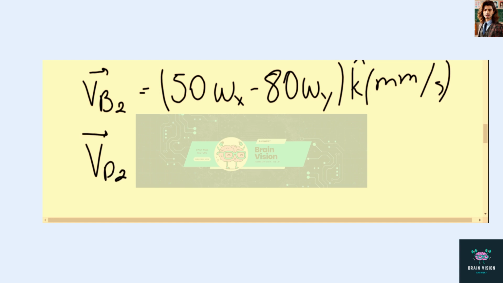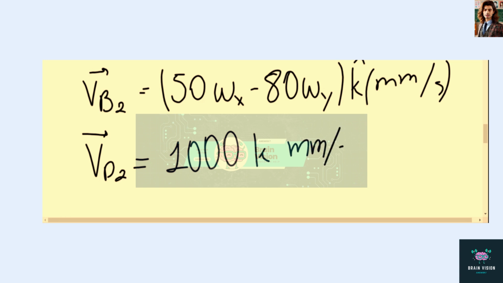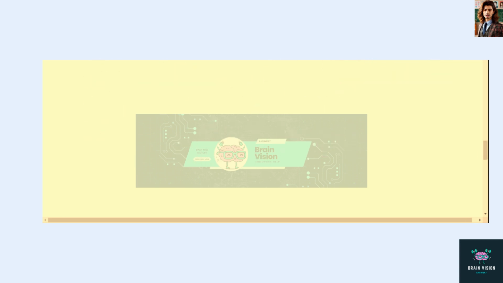And the linear velocity of point 2 at the rim of gear D is 1000 millimeters per second k hat. So we have two equations and two unknowns. The two unknowns are the omega x and omega y, the x component and y component of the common angular velocity.